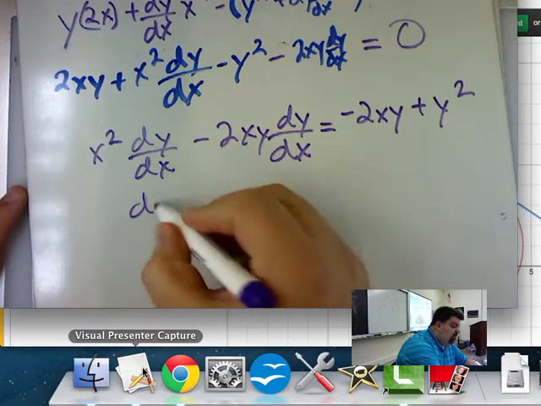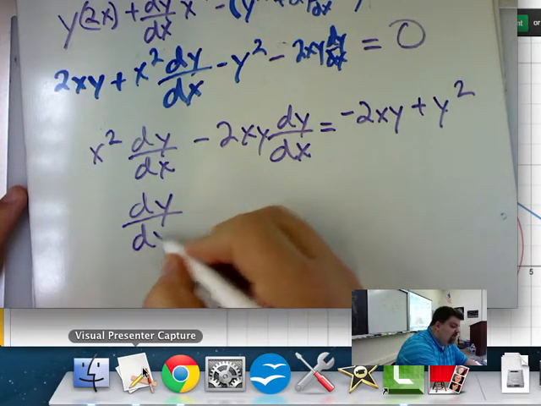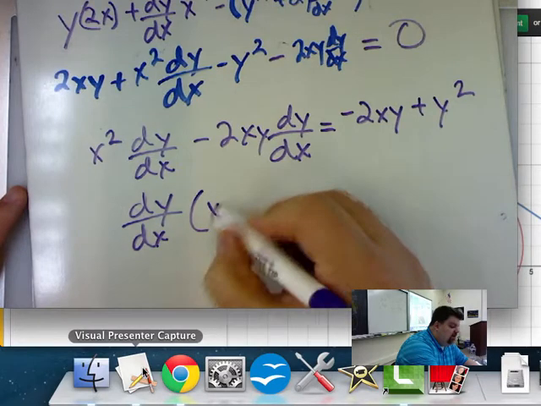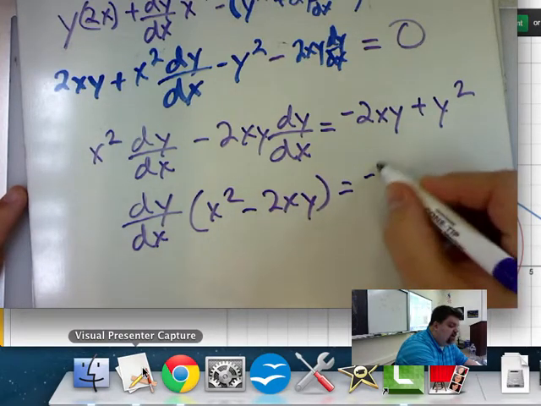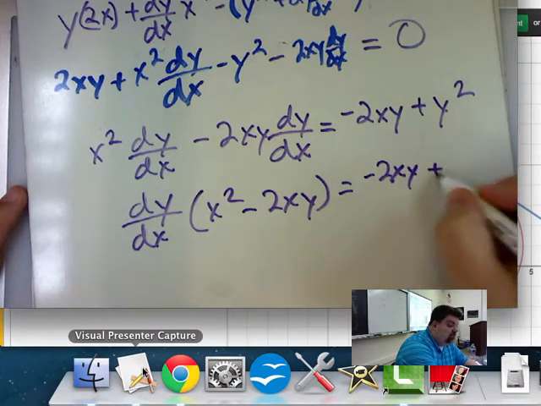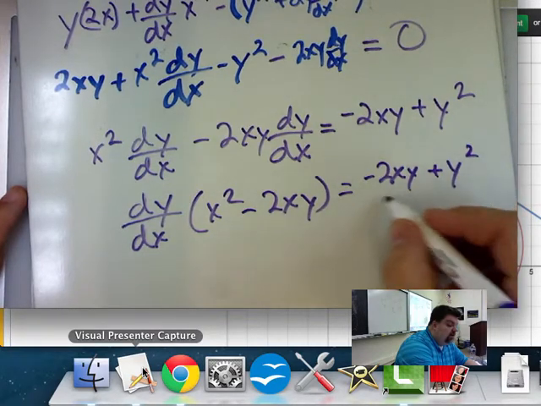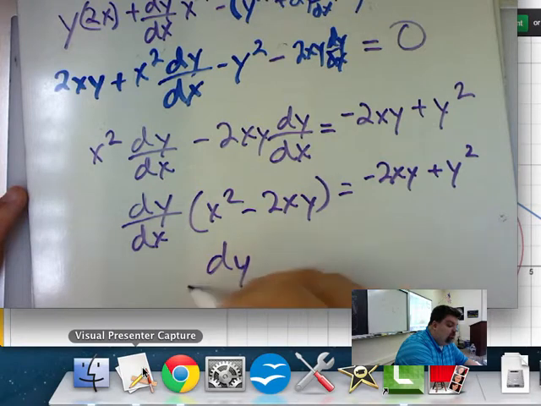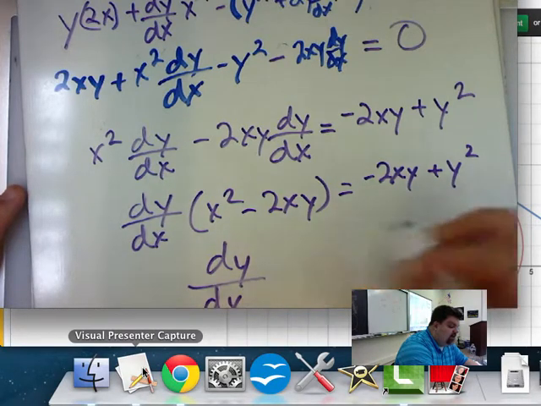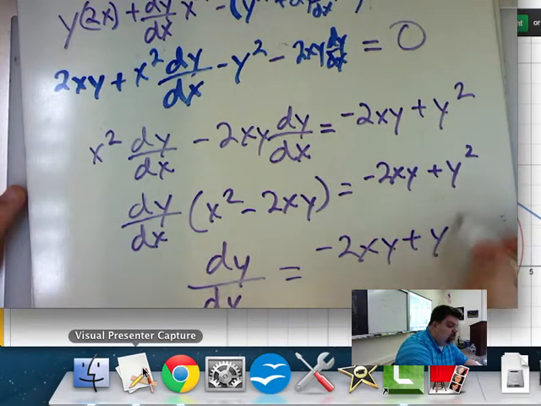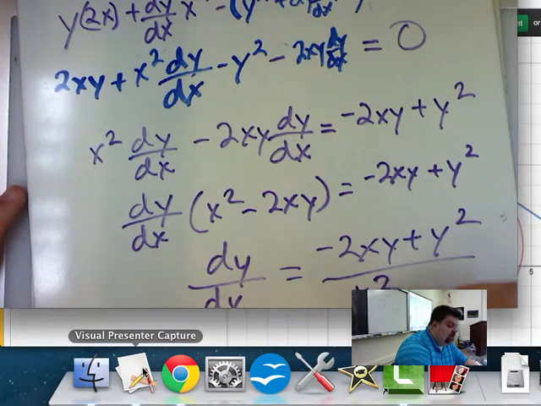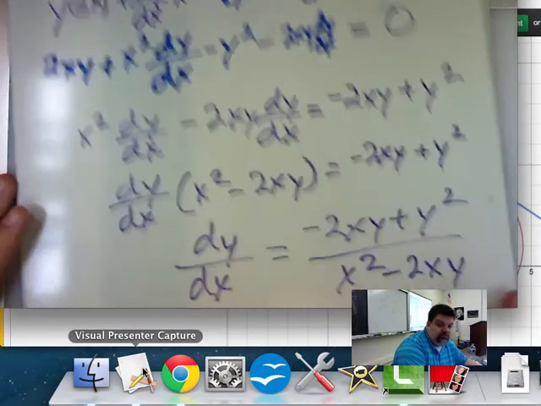So then I'm going to factor out dy dx, and that gives me x squared minus 2xy is equal to negative 2xy plus y squared. And then the next line would be to divide both sides. So I've got dy dx equals negative 2xy plus y squared all over x squared minus 2xy.